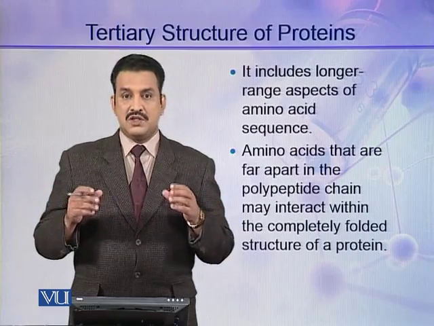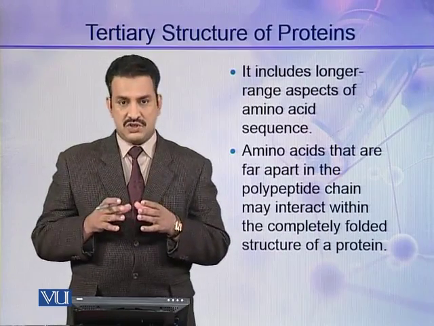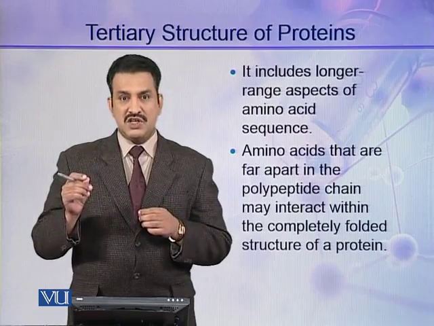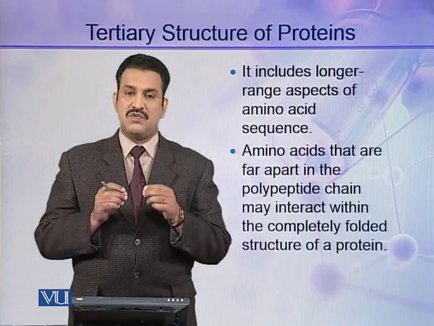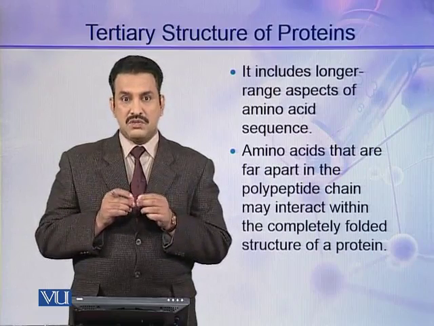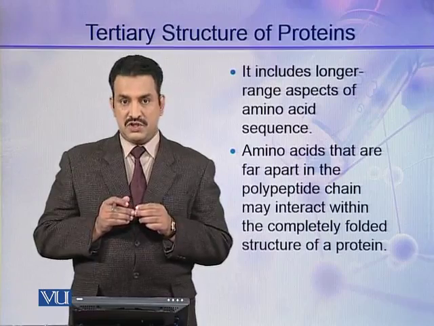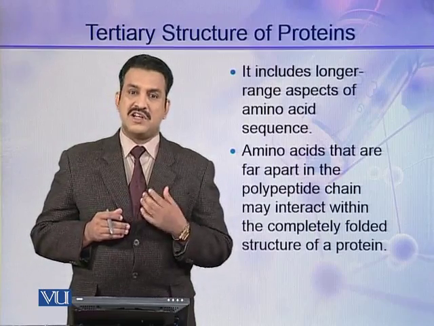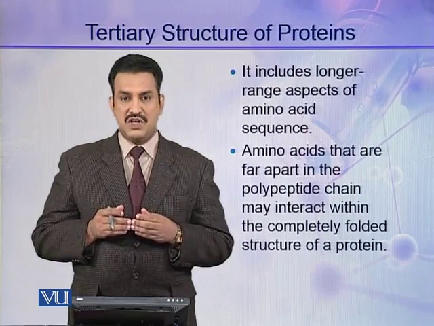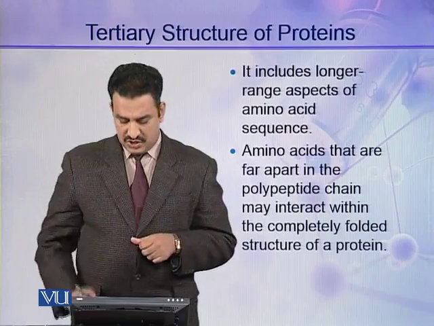But when the polypeptide folds into its tertiary structure, cysteine number 90 may come close to cysteine number 5 and they both may form a disulfide linkage. So in this way, weak interactions and covalent interactions are made between quite far amino acid residues.